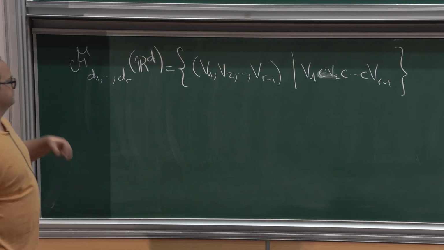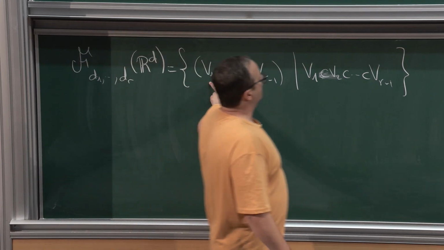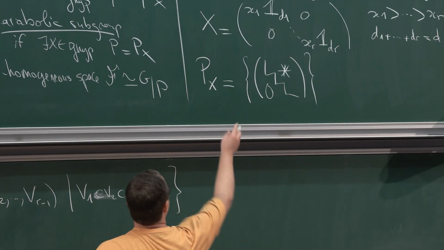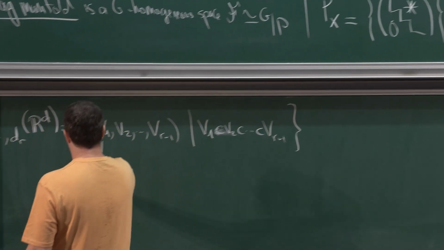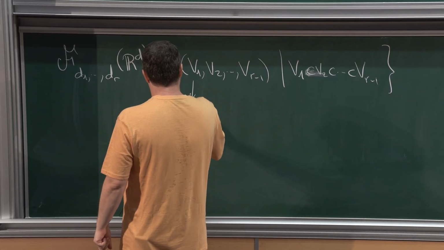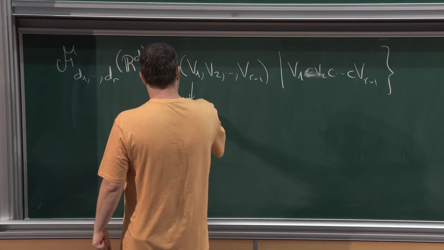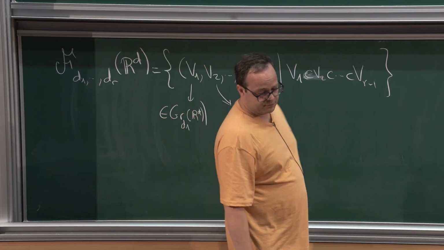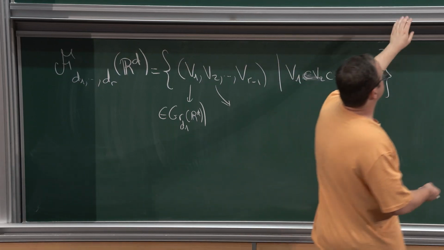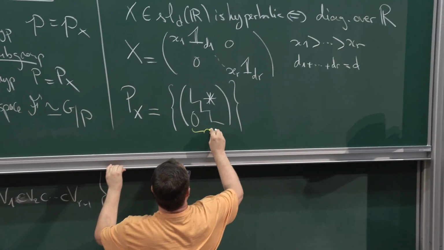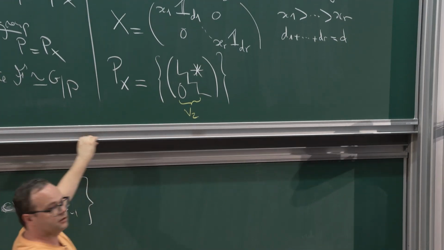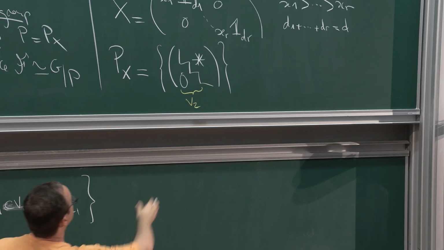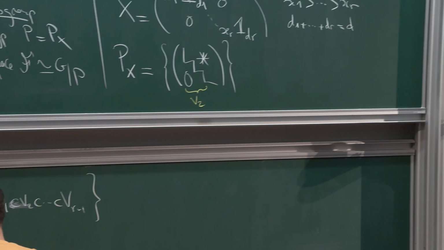And the dimension of V_i should correspond to the sums of the dimensions d_i that go up to there. So V_1 should correspond to the first block, so this is in the Grassmannian of dimension d_1. But the second V is the one that is preserved by the parabolic subgroup. So V_2 should correspond to the sum of the two first, or the thing spanned by the first rows in the two first blocks.